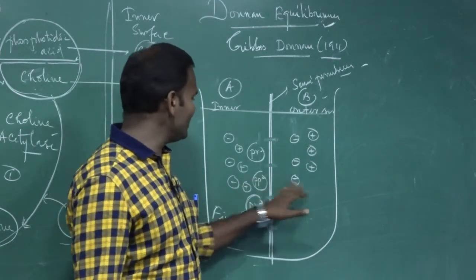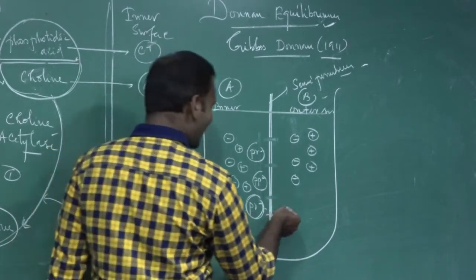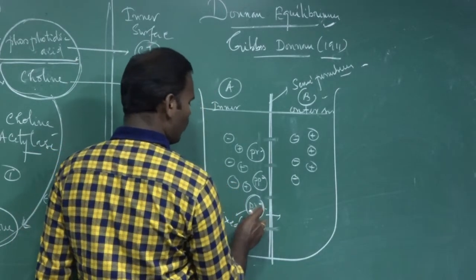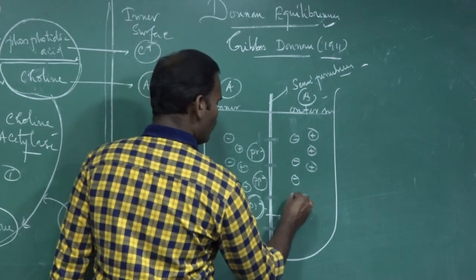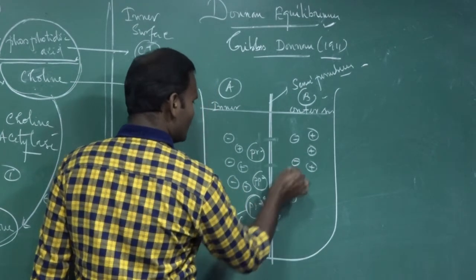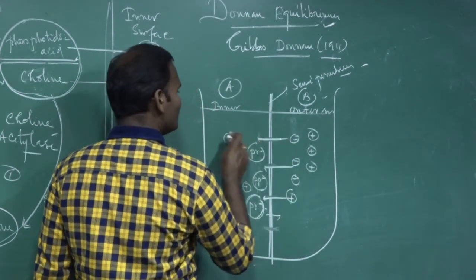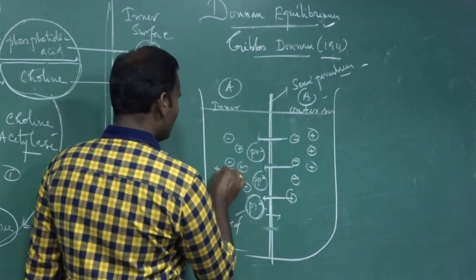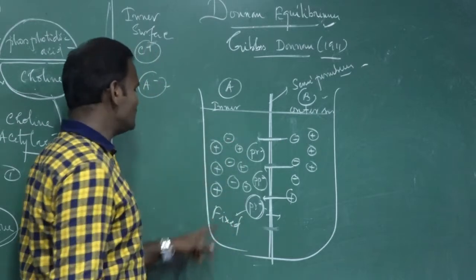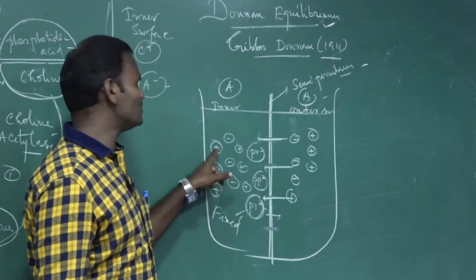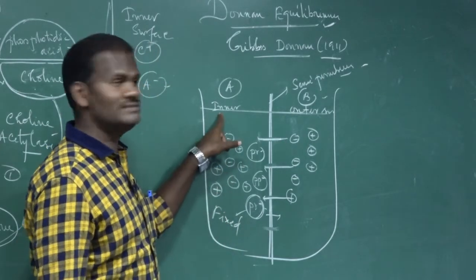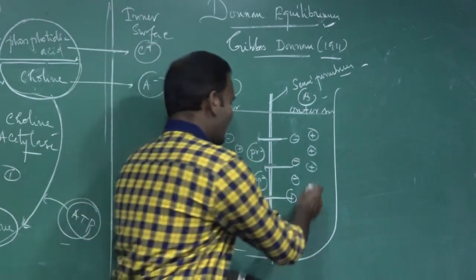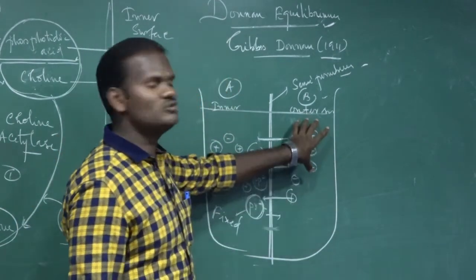So to maintain the equilibrium, since protein is a negative charge, certain opposite charged, positively charged ions enter into the cells through the plasma membrane. As a result, the cation concentration increases inside the cells, and the cation concentration decreases outside the cells.